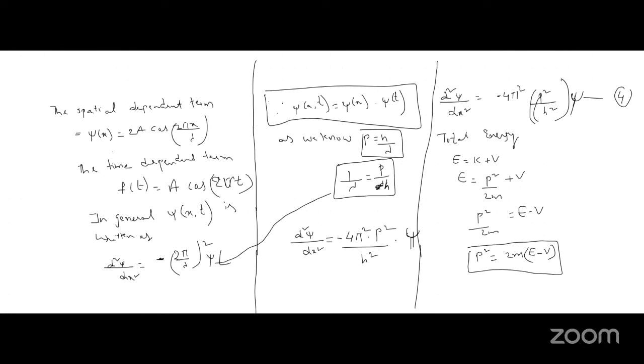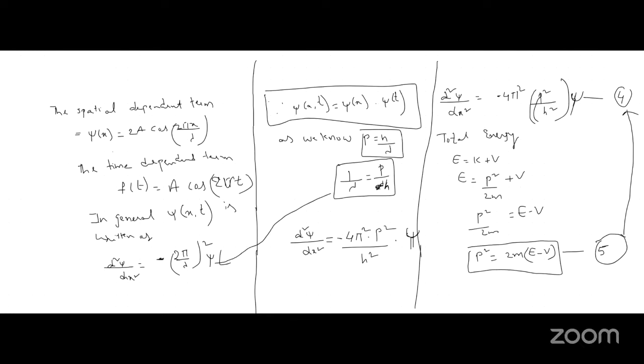Next, what we have to do? Substitute equation 5 in equation 4. What is equation 4? Dou square psi by dou x square equal to minus 4 pi square times p square by h square times psi. We are discussing the time independent wave equation.